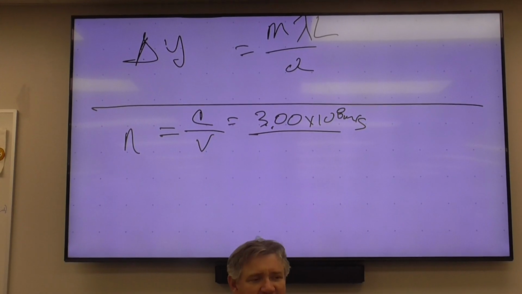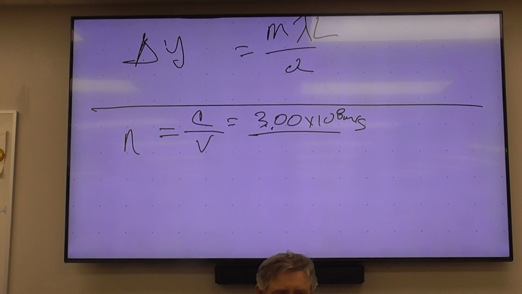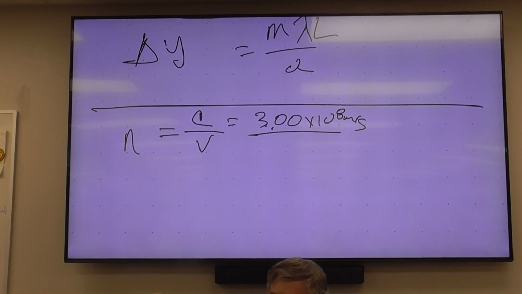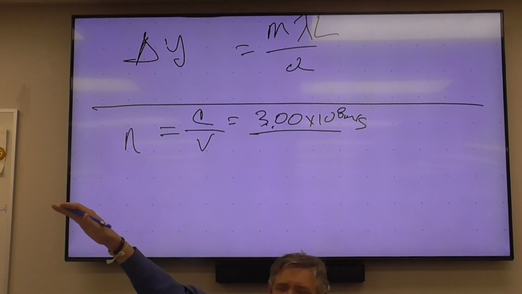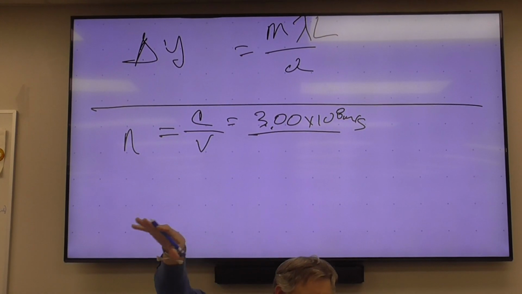Technically, that only exists in a vacuum. Thank God our Earth is not a vacuum, or we would not be here having this discussion. But even within the atmosphere of Earth, unless you get real picky, you can just use 3.00 times 10 to the 8th meters per second as the speed of light.